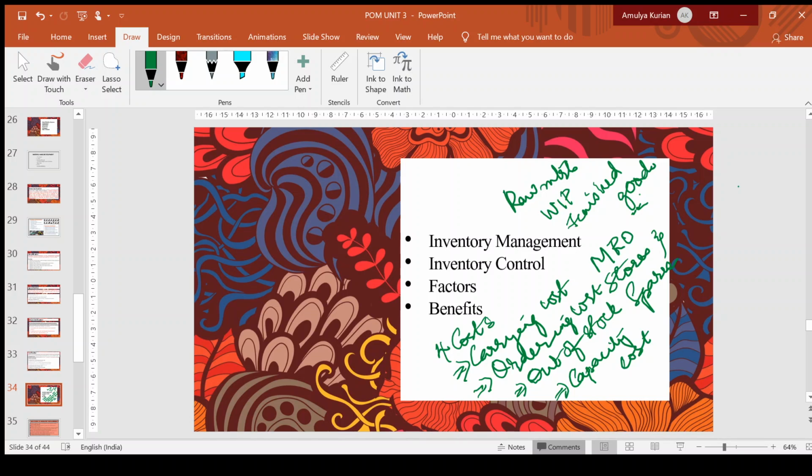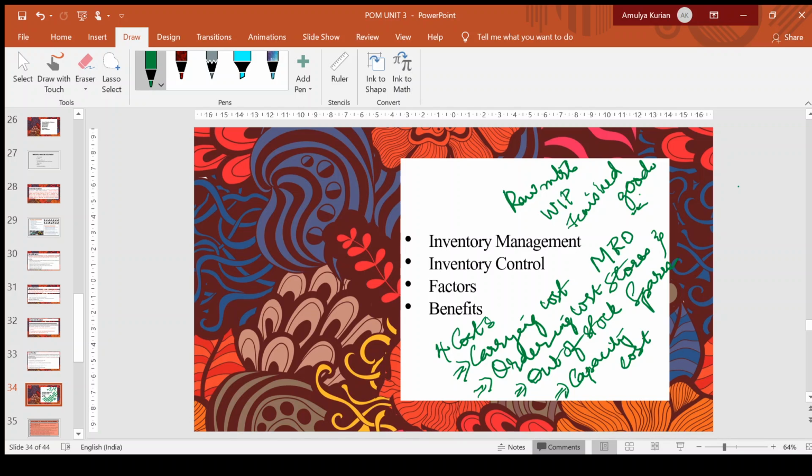Next one is out of stock cost. There are two types. One is back order cost, because when you are out of stock you will try to give more money in order to fill that gap. That is called back ordering, and there will be certain sales which will be lost due to out of stock inventory.